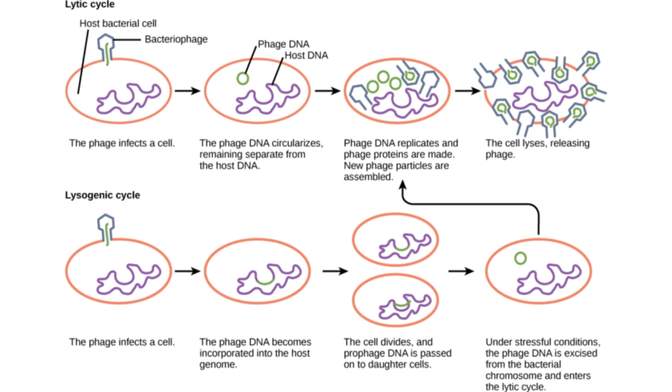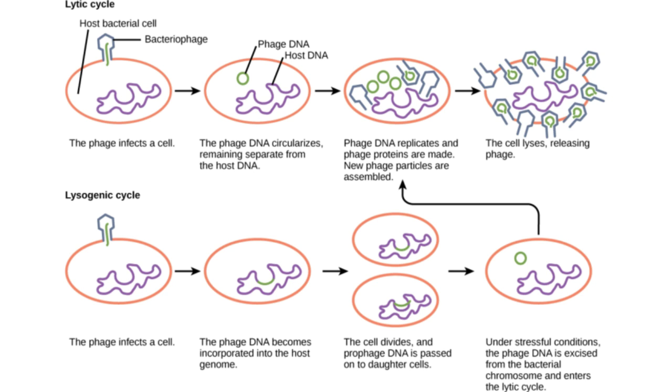Next up is the lysogenic cycle. In a lysogenic cycle, the phage genome also enters the cell through attachment and penetration. A prime example of a phage with this type of life cycle is the lambda phage. During the lysogenic cycle, instead of killing the host, the phage genome integrates into the bacterial chromosome and becomes part of the host.